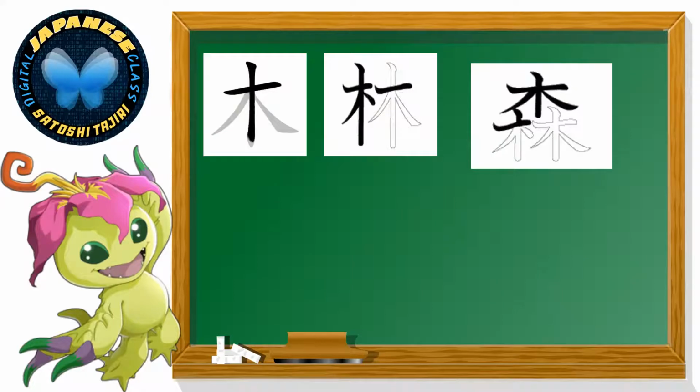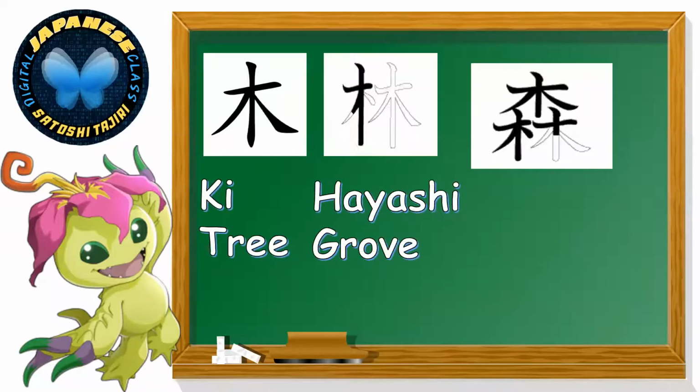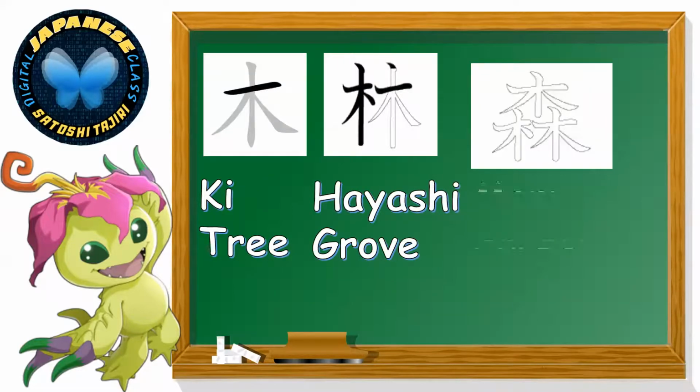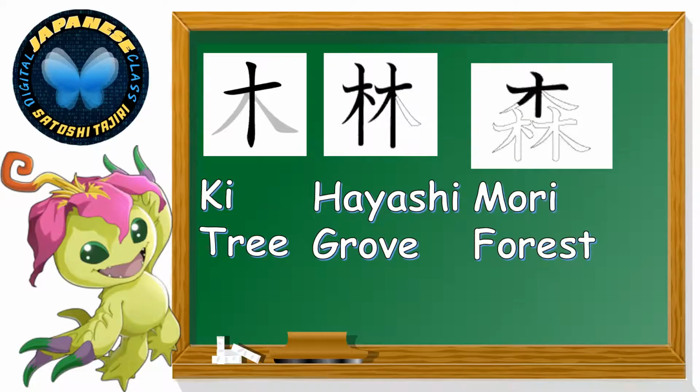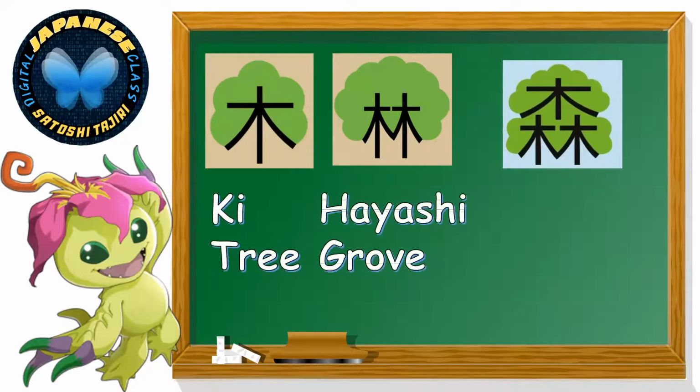What does it look like? What is the answer? Did it say Christmas tree? I know Christmas is coming, but that is not the answer. So we have ki for tree, this one we have hayashi, and this one we have mori for the forest. So there will be some transformation that happens every time we change the characters a bit.